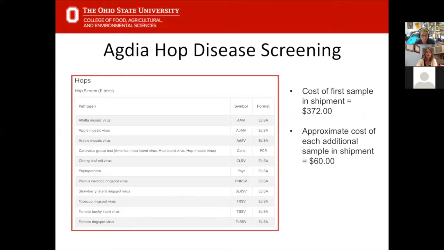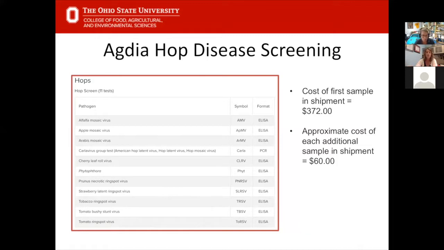For the Agdia, this is a little bit difficult to see, but this lists the profile of the various viruses and other pathogens that Agdia can test for. And I called last year, so maybe the prices have changed a little bit, but the cost of the first sample is $372, and then each additional sample is $60, and that does not include shipping.